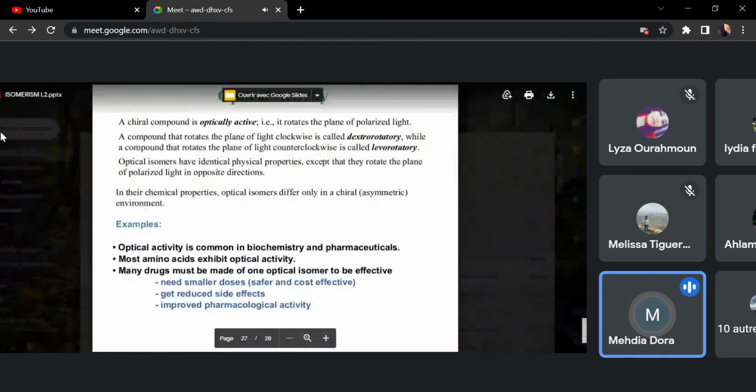We need this kind of optical activity in some isomers. What does optical activity mean? We will see in the next slide, please.